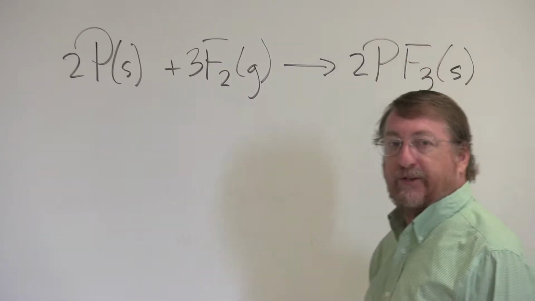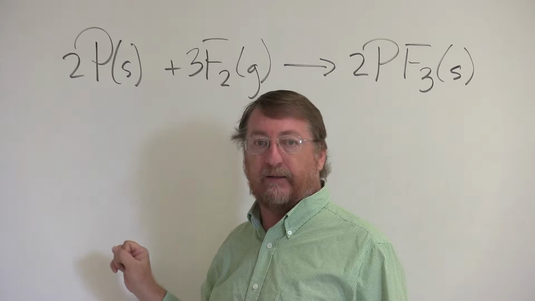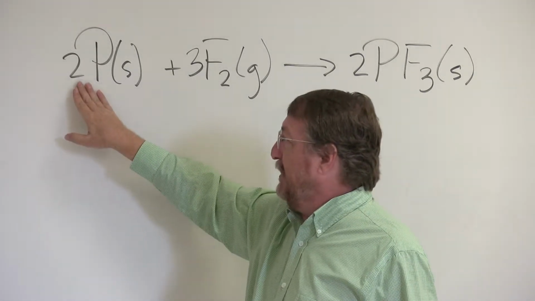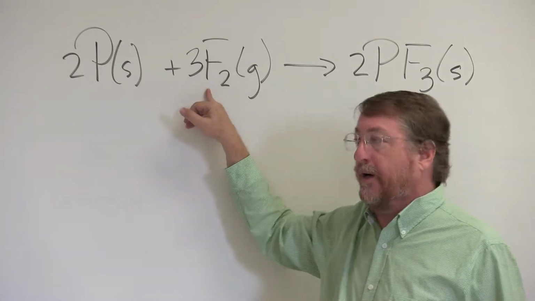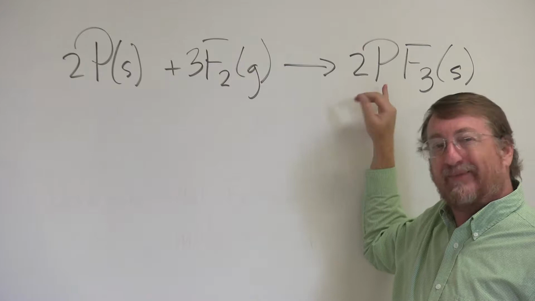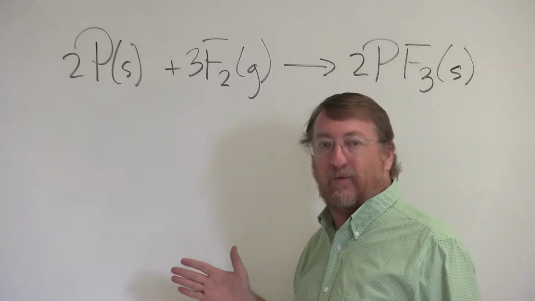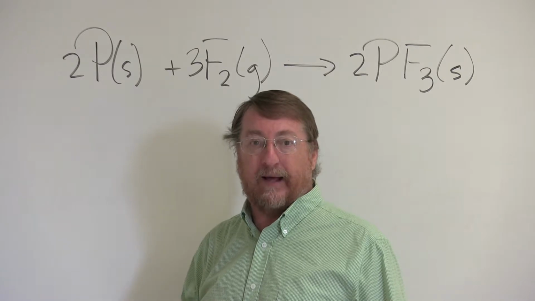But these coefficients tell us the ratio of moles necessary to react. So we can think of this as two atoms of phosphorus react with 3 molecules of fluorine to produce 2 molecules of phosphorus trifluoride. That's not really the way we're going to work with things, because chemists don't really have the ability to work atom by atom.